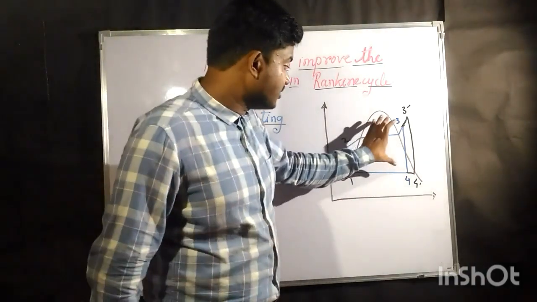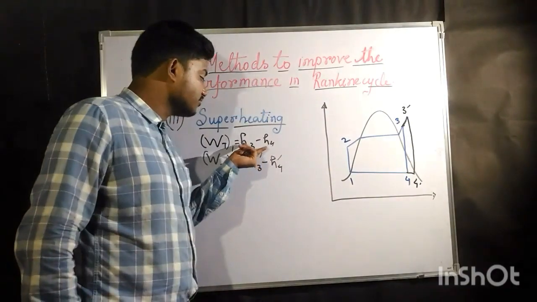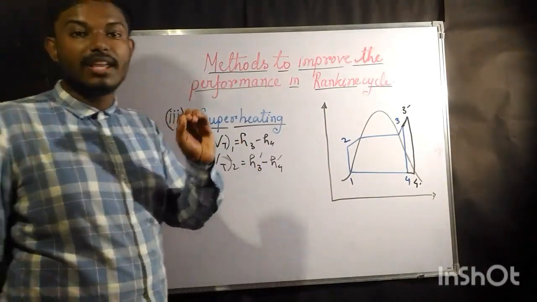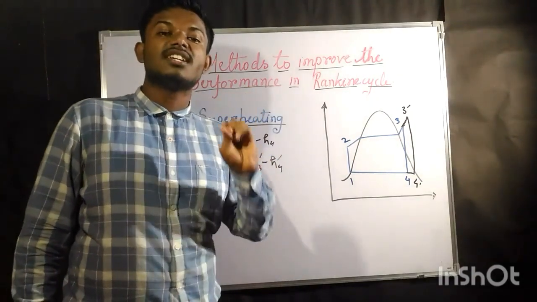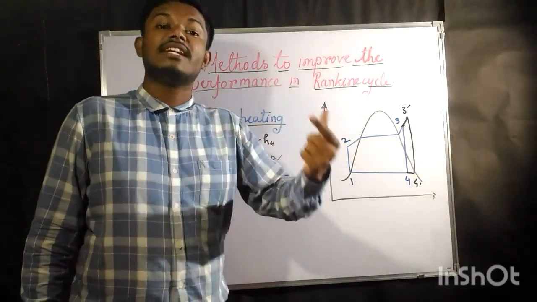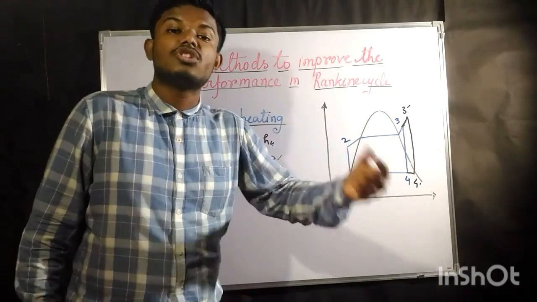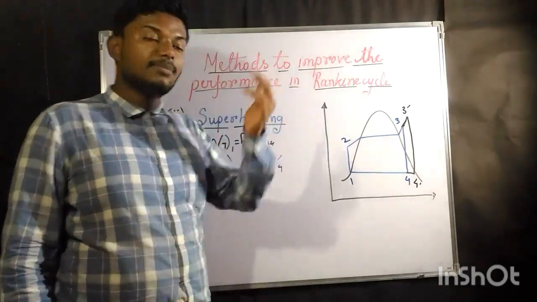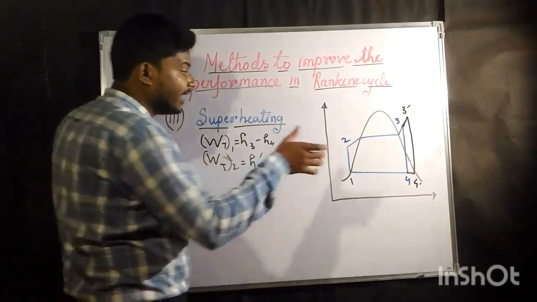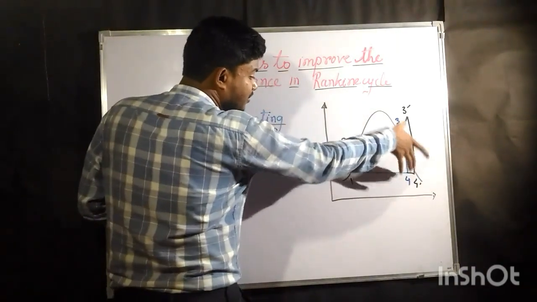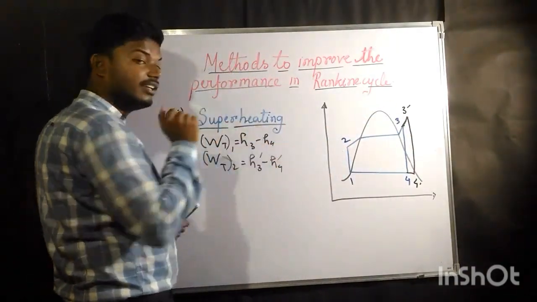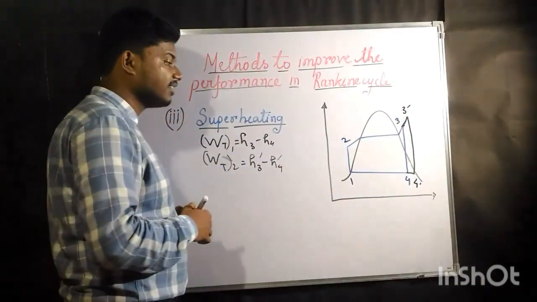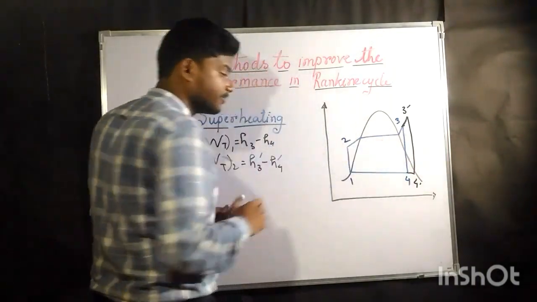Now similarly, you can see H3 minus H4. H is nothing but Cp into T. Cp is constant, that means H is proportional to temperature. If temperature is higher, then the enthalpy is also higher. So here you can see the temperature difference between points 3 and 4 is lower than the temperature difference between points 3 dash and 4 dash.